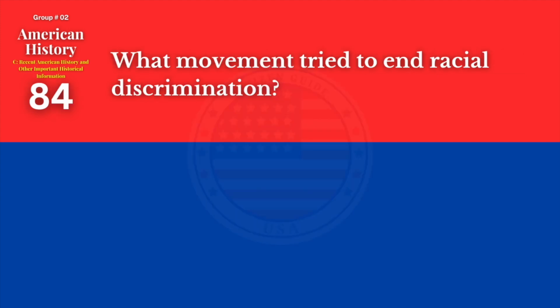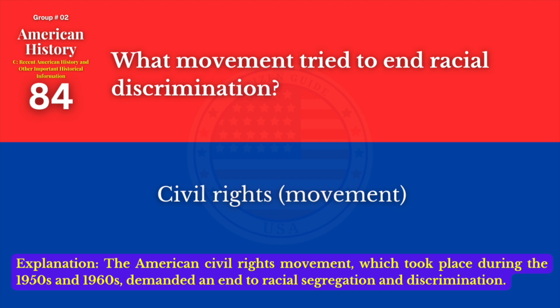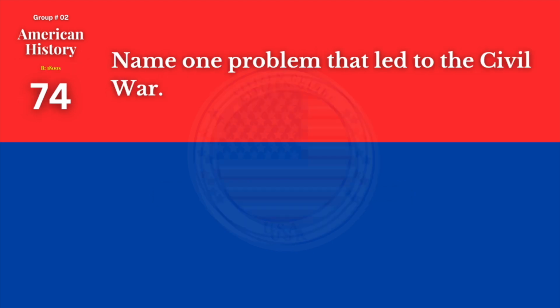What movement tried to end racial discrimination? Civil rights movement. Name 1 problem that led to the Civil War. Slavery.